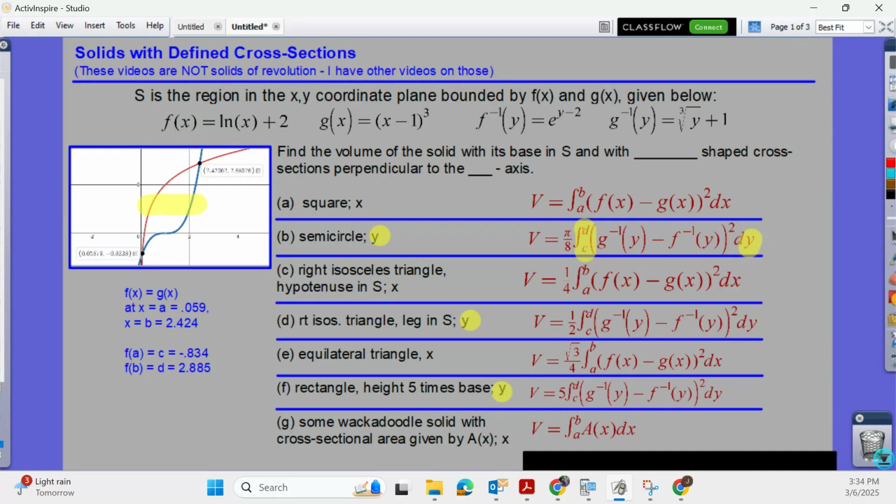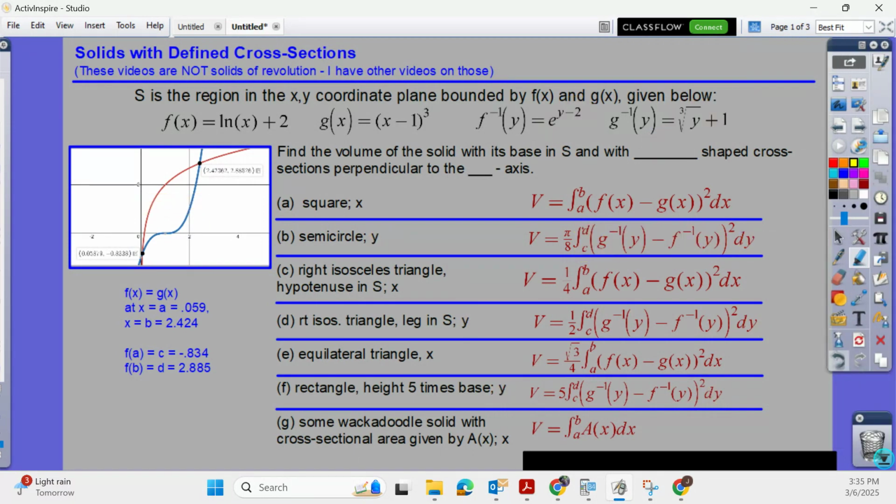You have dy for your differential, and you have functions of y inside the integral, okay? And again, you can change the variable there if you want to. Like in the calculator, we used x, but it should be those functions that came from y values when you do it. So that's what you have to keep track of.